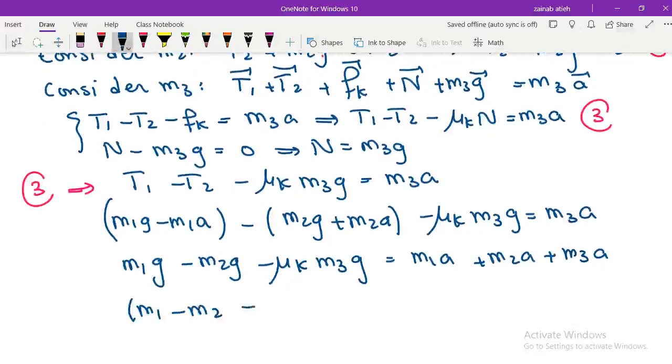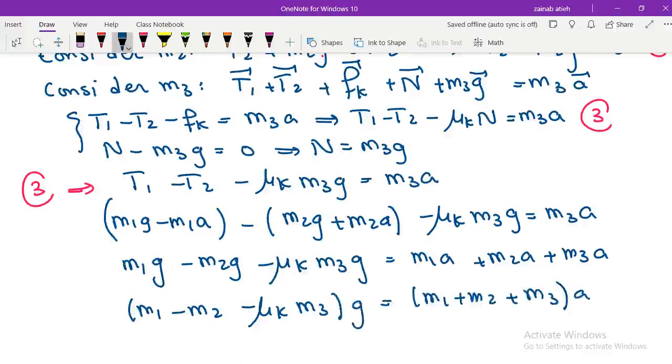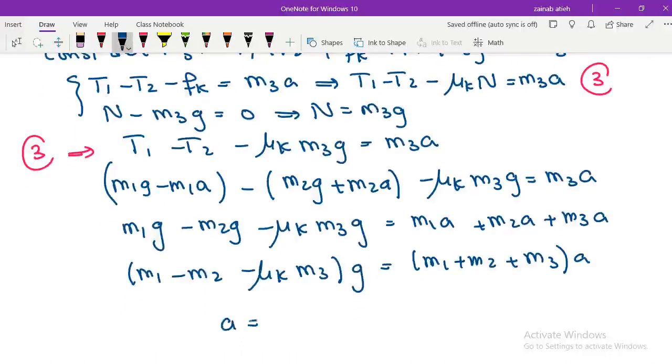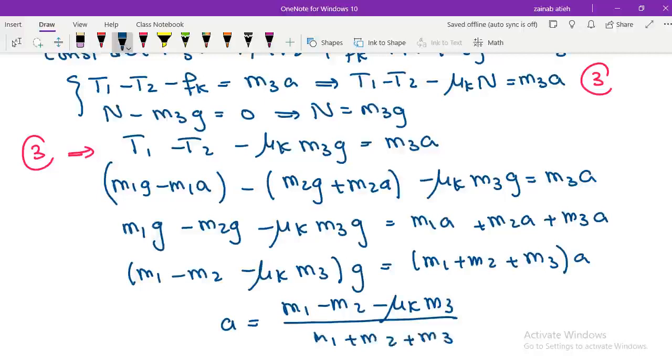M1 minus M2 minus mu K M3, times G, equals M1 plus M2 plus M3 times A. So we get A is equal to M1 minus M2 minus mu K M3 over M1 plus M2 plus M3 (the sum of the masses in the system), times G.